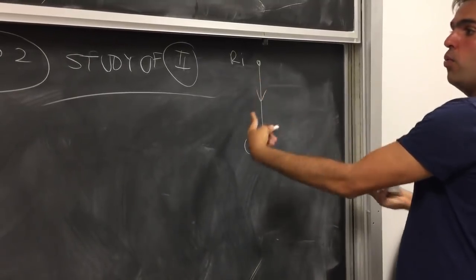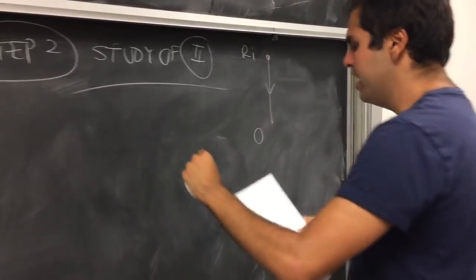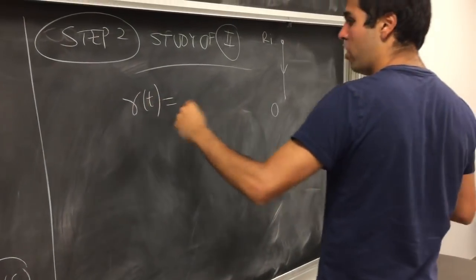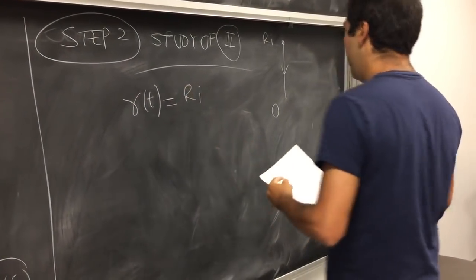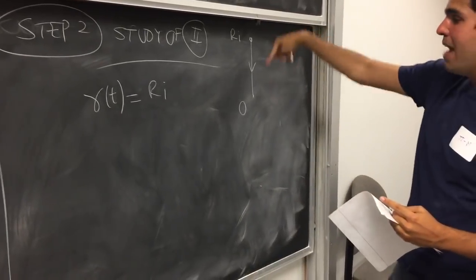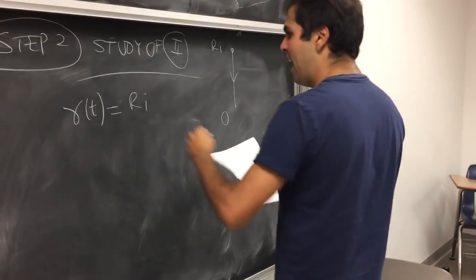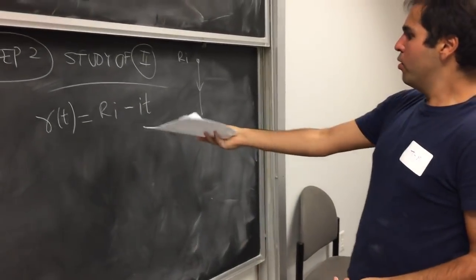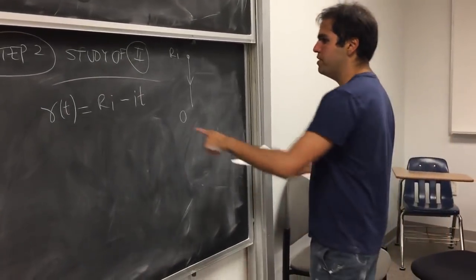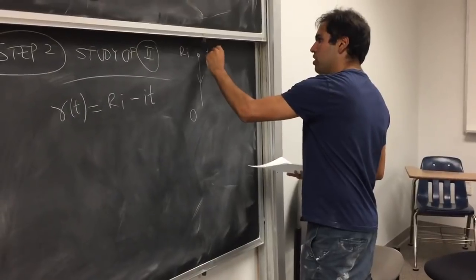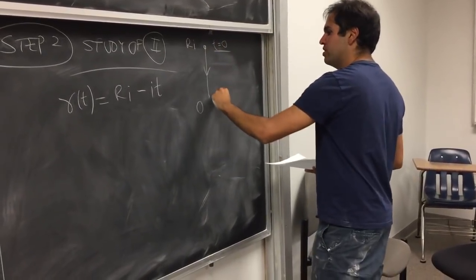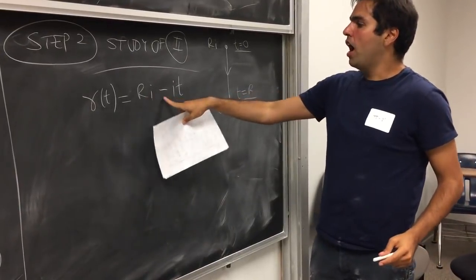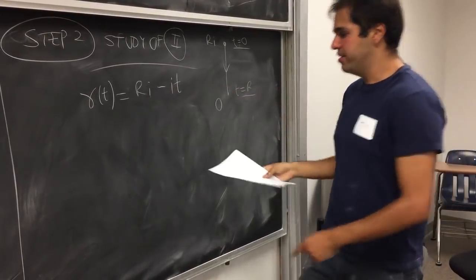One way to parameterize this is phi of t: you start with Ri, and then because you're going down the imaginary axis, you just subtract it. Notice that precisely at time t equals r, you get Ri minus iR, which is 0.